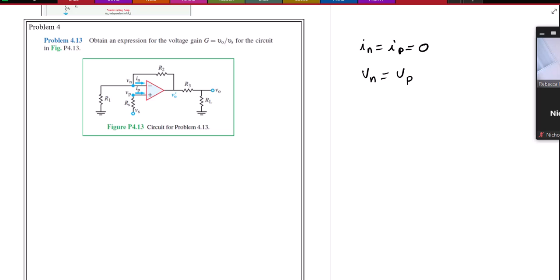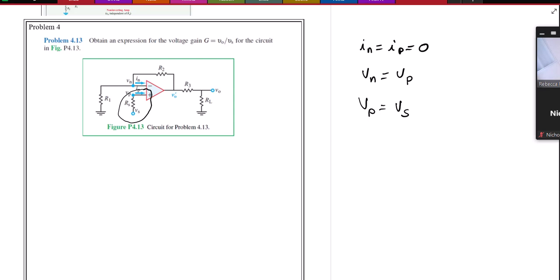Now, since IP equals 0, when you look at this part right here, if there's no current flowing there, then VP has to equal VS because there's no current.